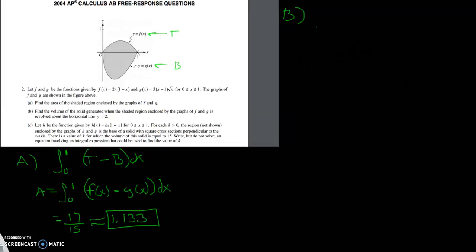So basically what you have is this horizontal line over here, then you have the function over here and the function over here, and this is not drawn to scale. So now you're going to have to do outer squared minus inner squared, and it's making this washer shape.